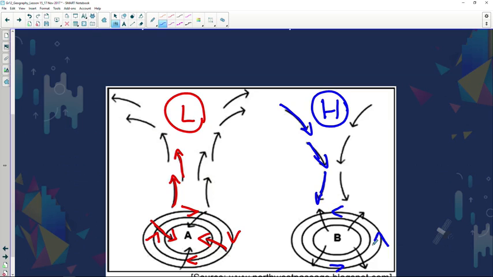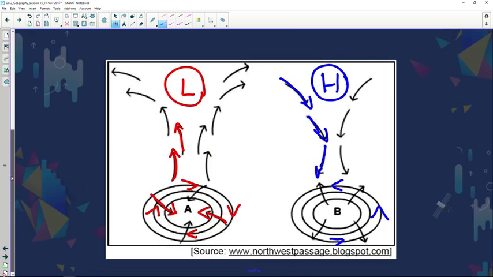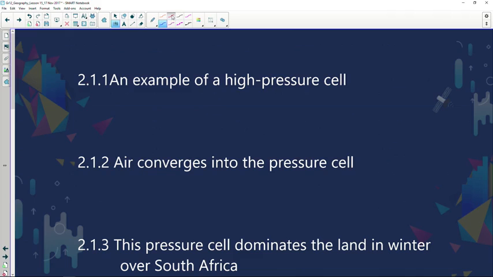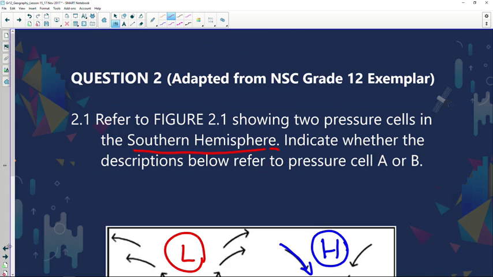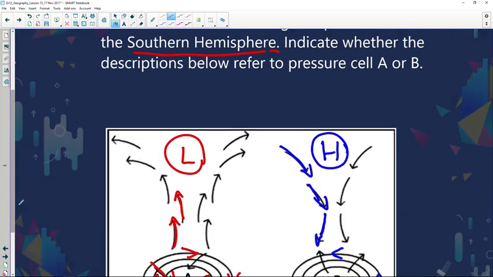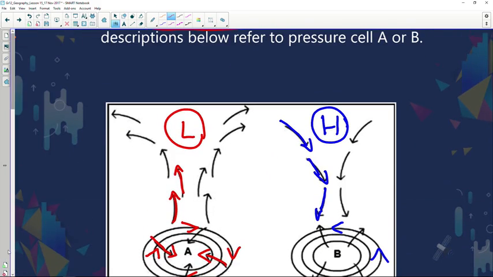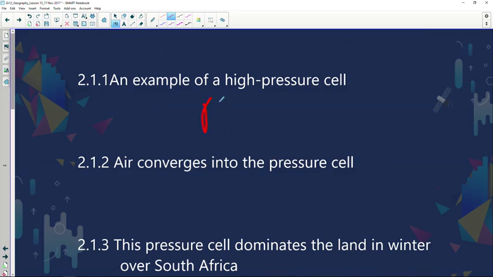Just by looking at the diagram and the arrows, we can get some clue what these pressure cells are. The first question: an example of a high pressure cell. We've already established you've got sinking air over there, so the correct answer will be B.